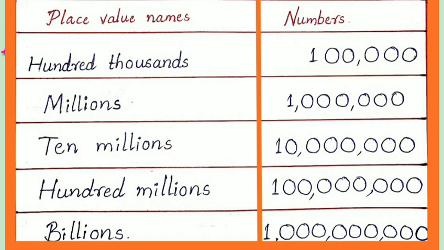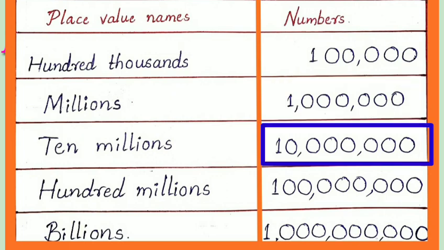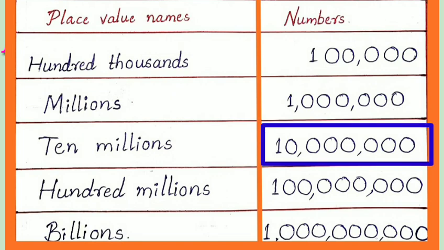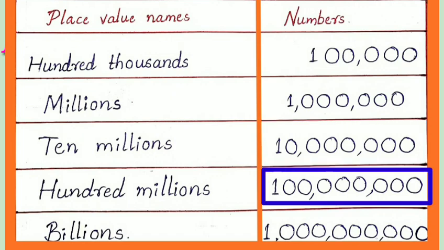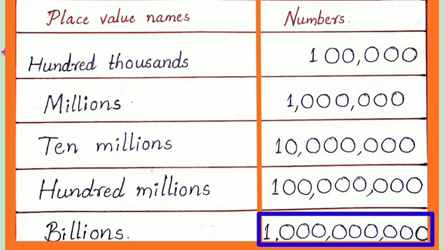How many zeros? 6 zeros are there. And 10 million, how many digits? 8 digits are there and 7 zeros are there. For 100 millions, 9 digits are there and 8 zeros are there. And for billion, 10 digits are there and 9 zeros are there in 1 billion.